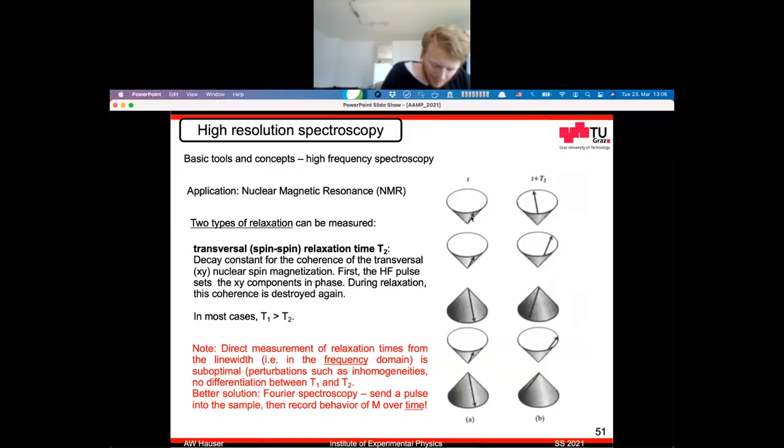What you do is you introduce a magnetic field along the x direction, meaning you have a coil which has its axis along the x direction, and you switch it on for a certain time so that a magnetic field comes in that does exactly what the static homogeneous field along the z-axis does.